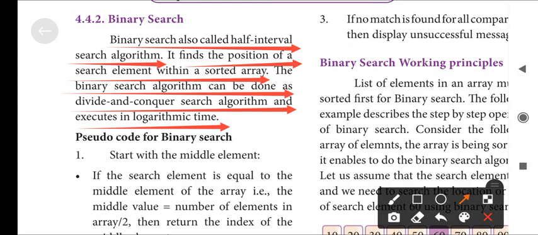In this algorithm, the list is divided into two parts, and the divided subparts can be divided into further subparts. Finally, all the subparts are conquered into a single part. That is the output. This is the concept of the divide and conquer search algorithm: divide the question and merge the answer. This is the concept of binary search.